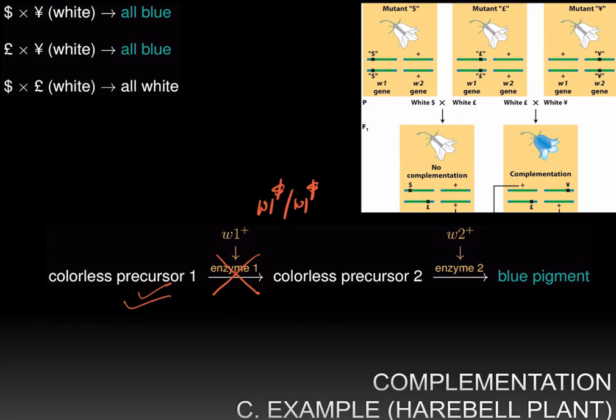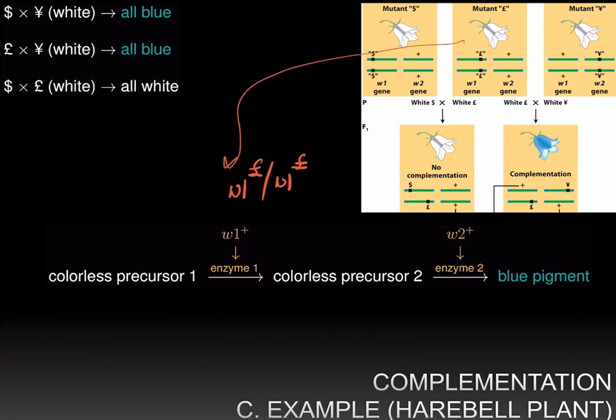On the other hand, if you are a pound mutant, which is a mutant allele of the W1 gene, you are W1 pound over W1 pound. And once again, there is no W1 plus allele to make the enzyme, and you are again blocked at colorless precursor 1, and you are a white flower.